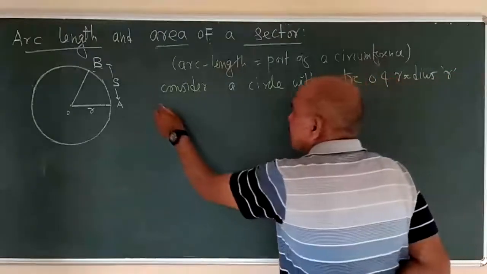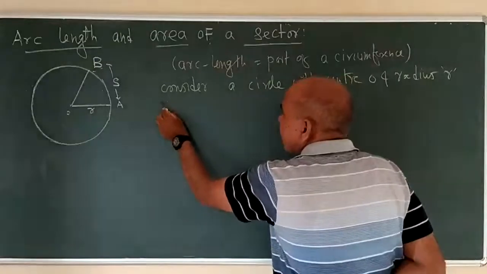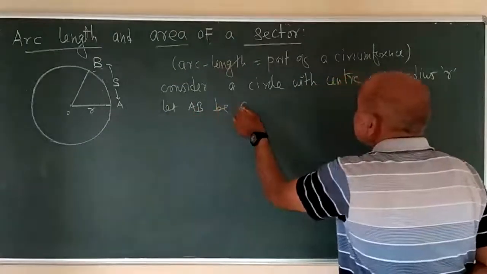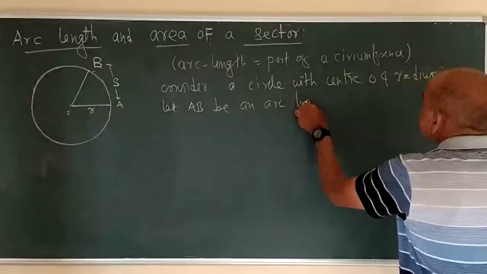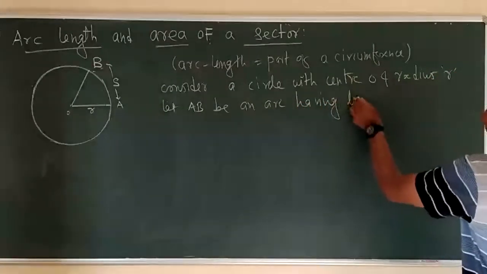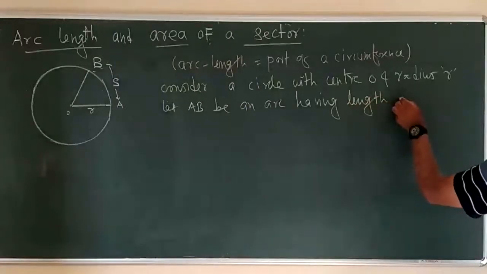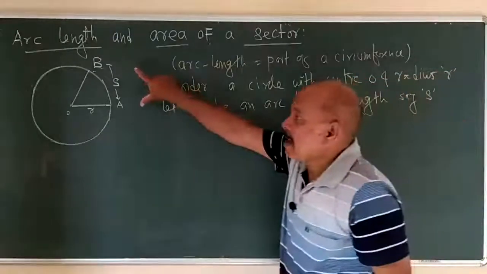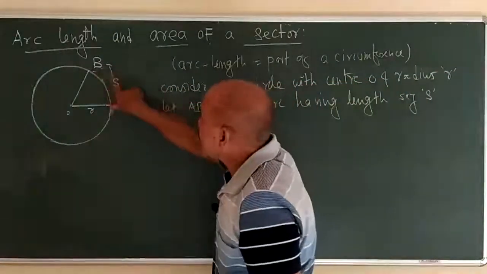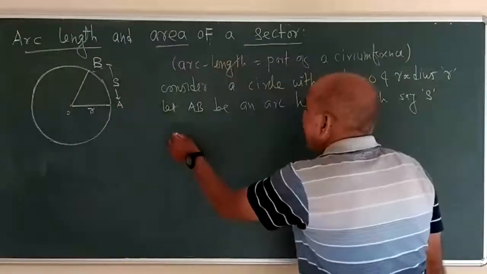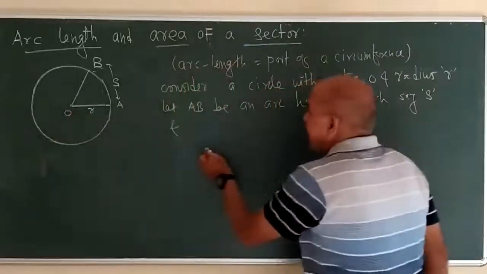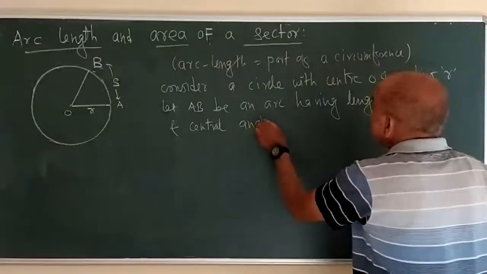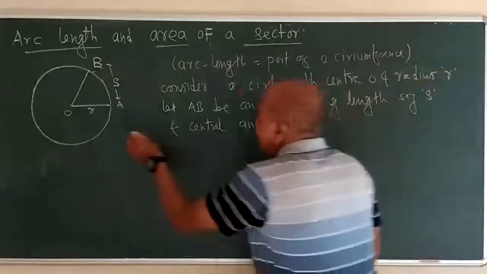Then we know that, let AB be an arc having length, say, S. AB is part of a circumference whose length is S, and the central angle be theta radian.